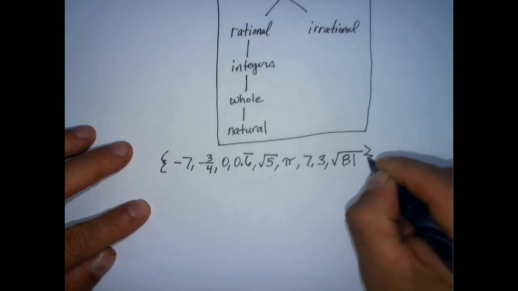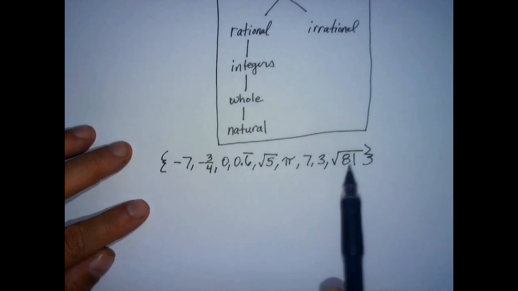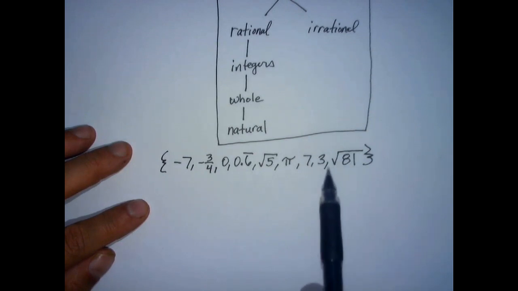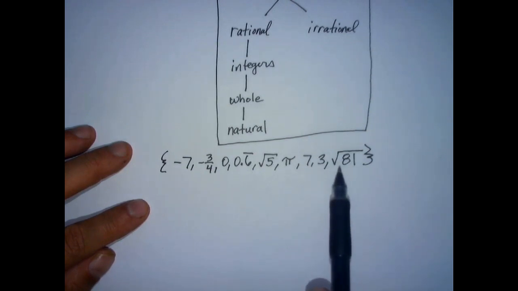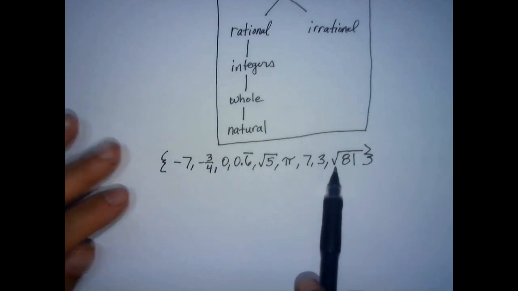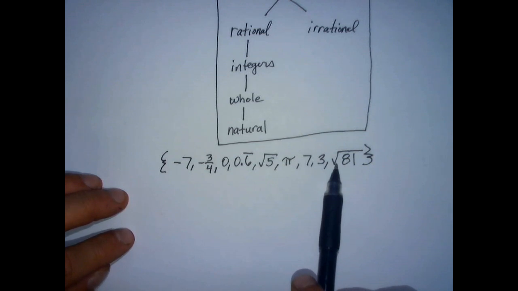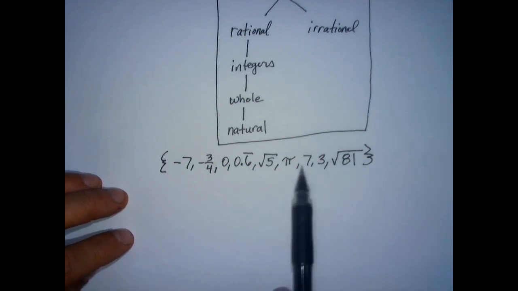Not all square roots are irrational. If a square root is a perfect number, like the square root of 81 is 9, then it's rational. But if it doesn't square root into a perfect number, then it is an irrational number. In other words, if it's not a perfect square.